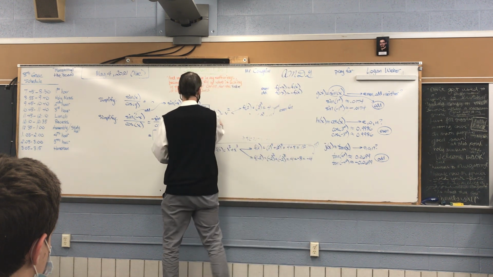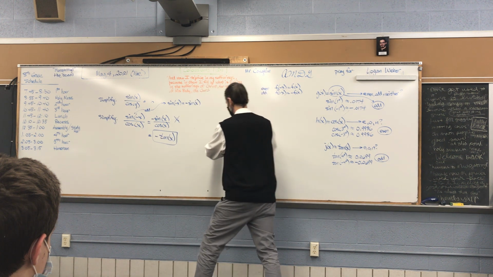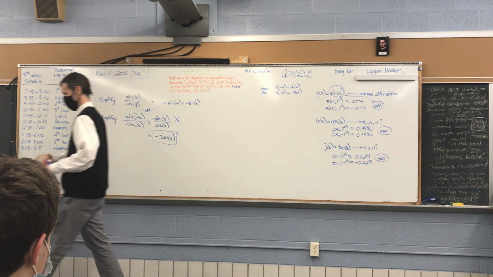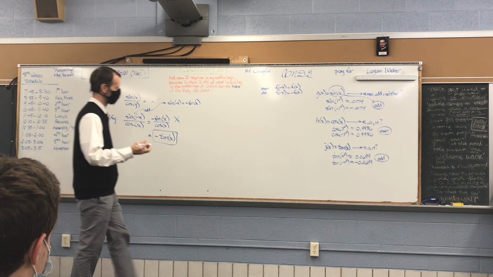Because you can't reduce things if their inputs are different. You can't do sine over cosine if the inputs are different. Watch this.